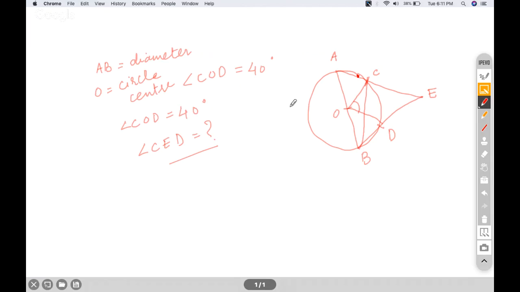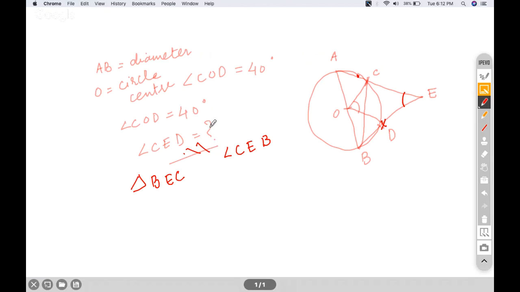So what I need to find over here is this angle. If I need to find this angle, you should understand that this angle is part of triangle BEC. Angle CED can equivalently be written as angle CEB, because this point D falls on line BE.